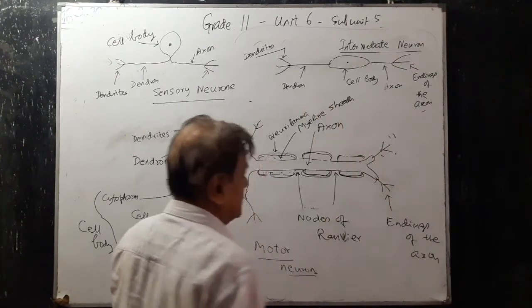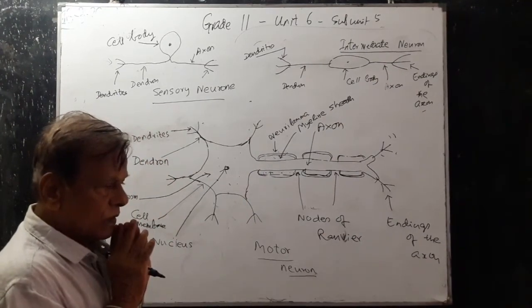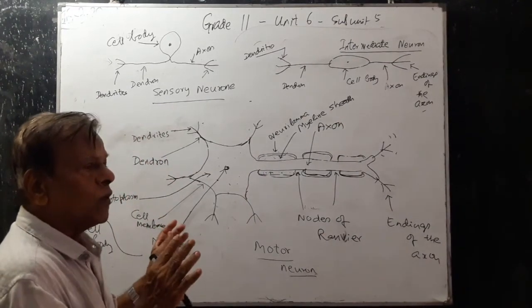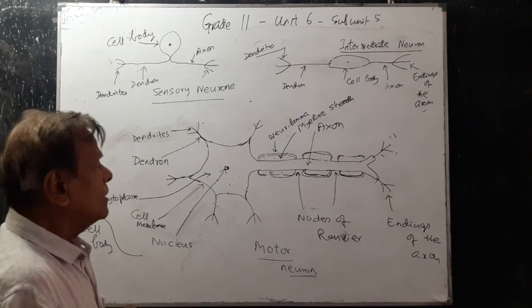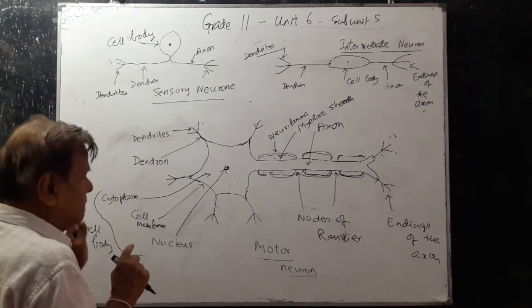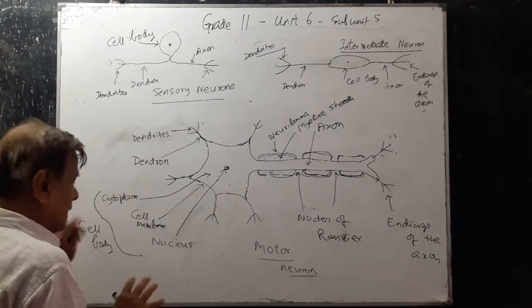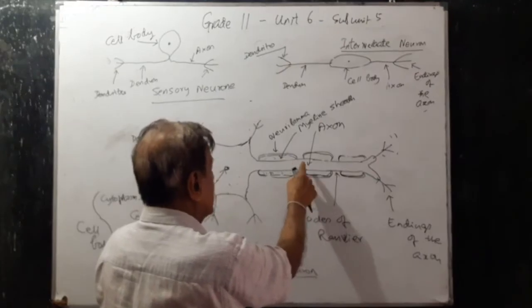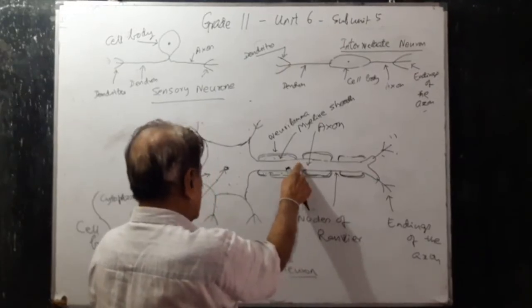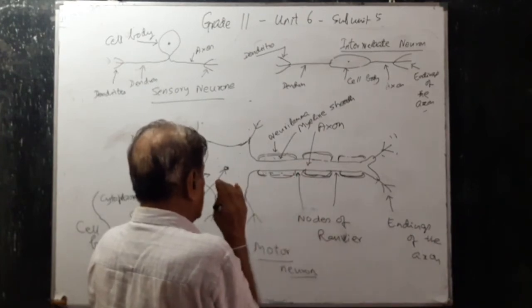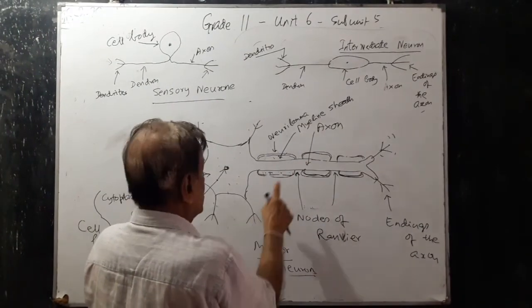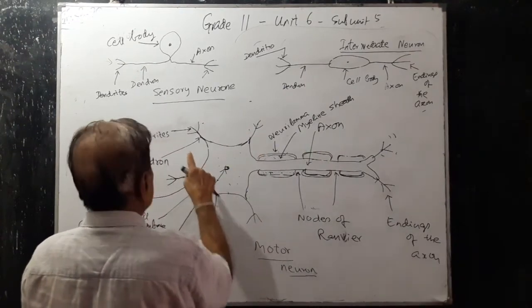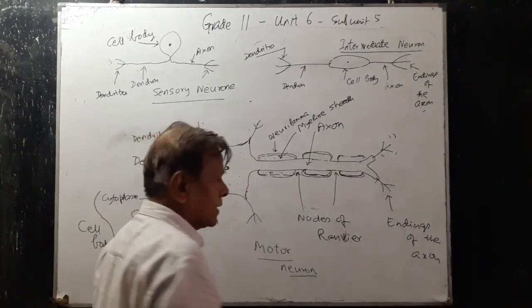In the effectors, in muscles actually or glands. So this is very important. Not only that, not only in the axons, in the dendrites also.